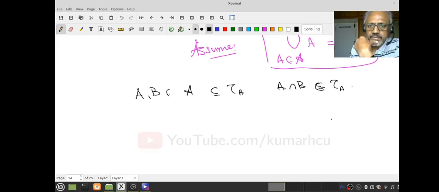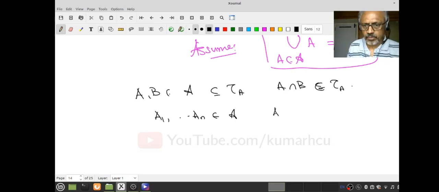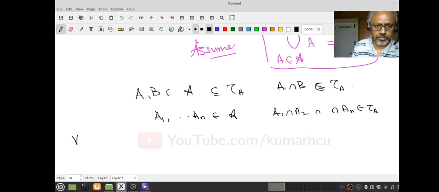And for that matter, since tau A is a topology, if we take A1 up to AN, then A1 intersection A2 intersection up to AN must be in tau A. So this must be true for every natural number n greater than or equal to 1, and for every A1 to AN.